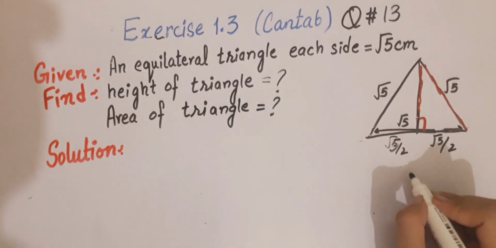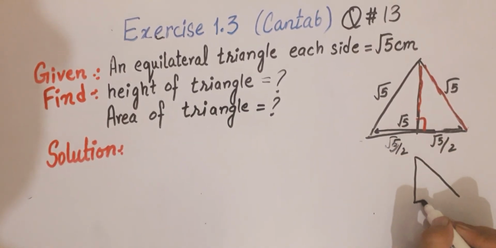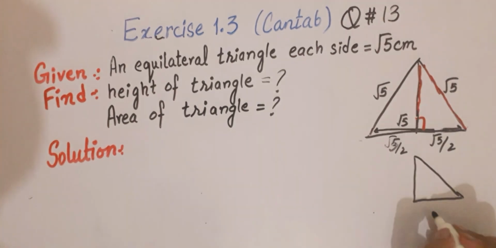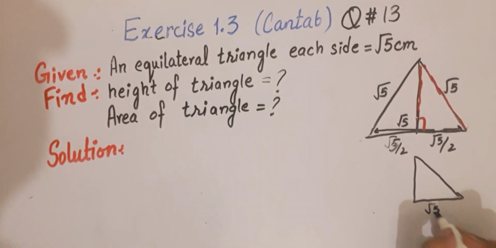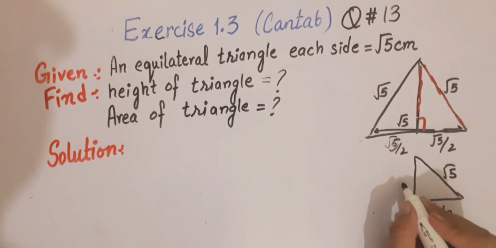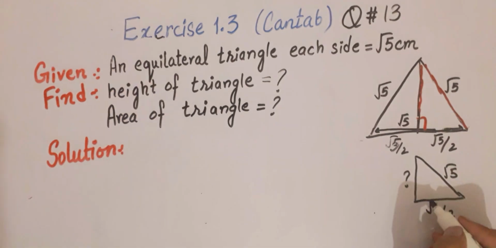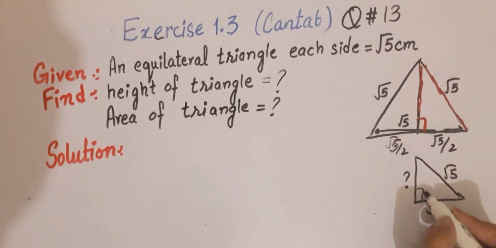Now we have drawn a triangle. This length is equal to square root of 5 by 2. This length is equal to square root of 5, and we have to find what is the height of this. And this is a right angle triangle.